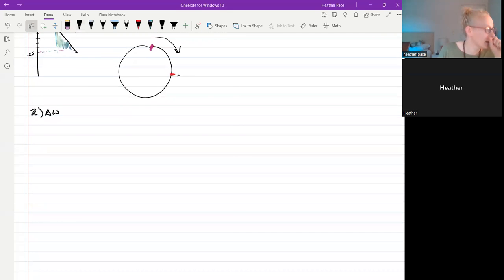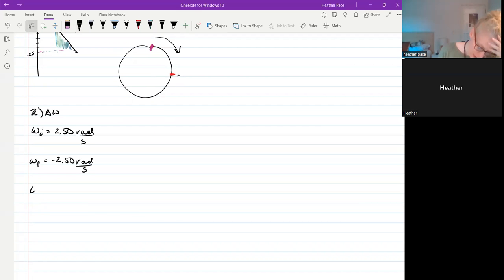We are given omega I is 2.50. We are given omega F is negative 2.50. We are given t equals 1.25 seconds.